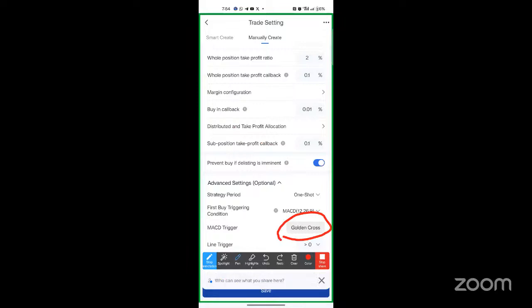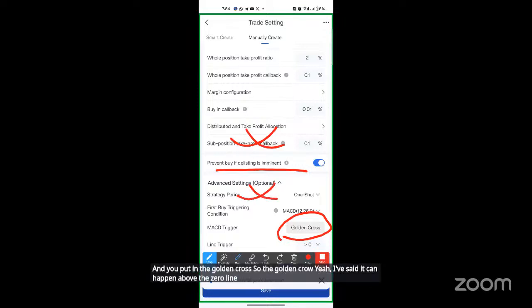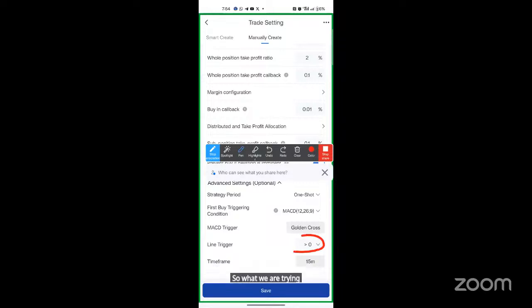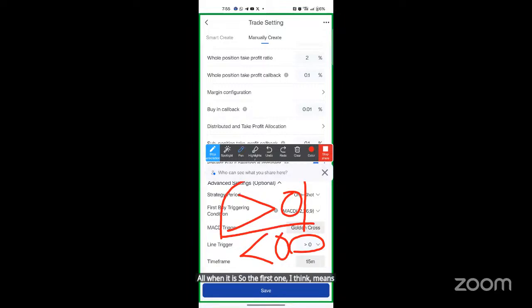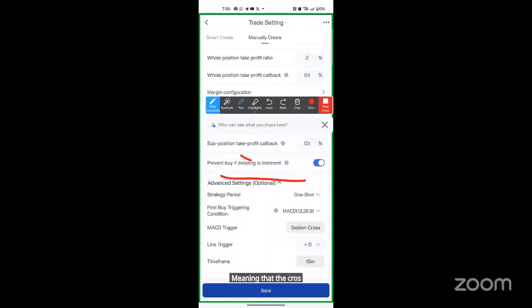The golden cross, we have said, can happen above the zero line or below the zero line. What they are trying to show you here is you want your robot to buy when it is greater than zero, meaning that the crossover has happened above the zero line.